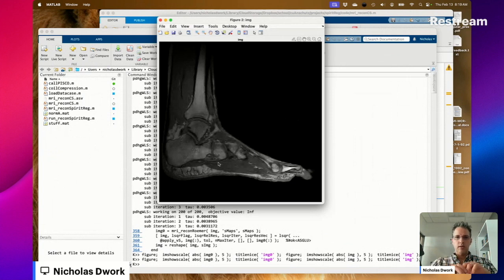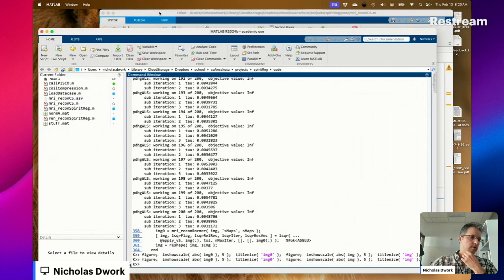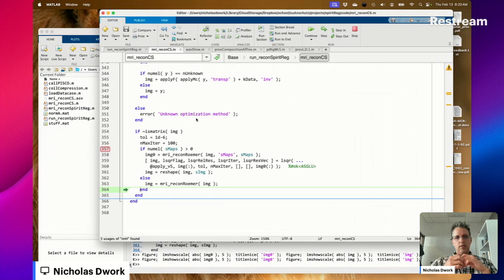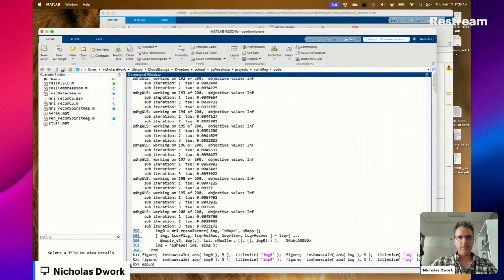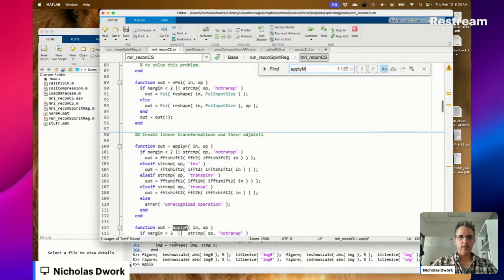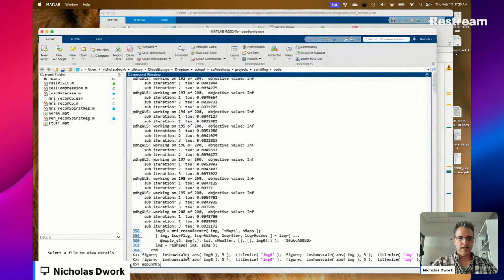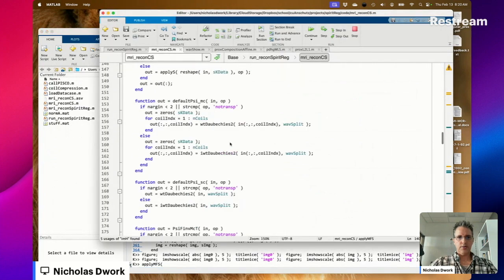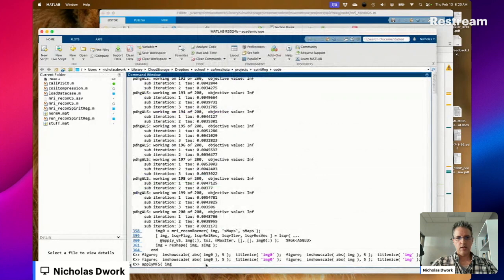Now, do we have an apply MFS? Yep. MFS to image minus B, take the norm of that, squared divided by NB.